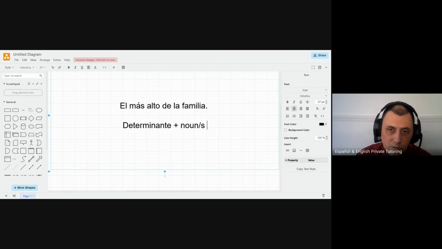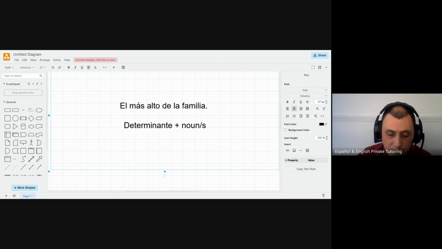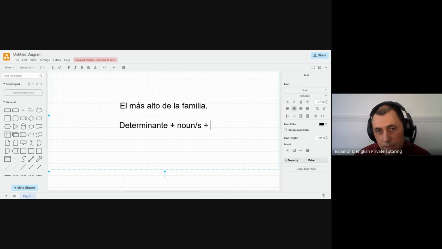And you can also add personal names as well. Well, I'm not going to include personal names here because the construction is a little different. Let's leave it like that. Determinant, noun or nouns.